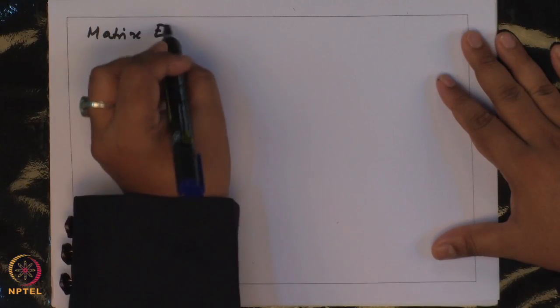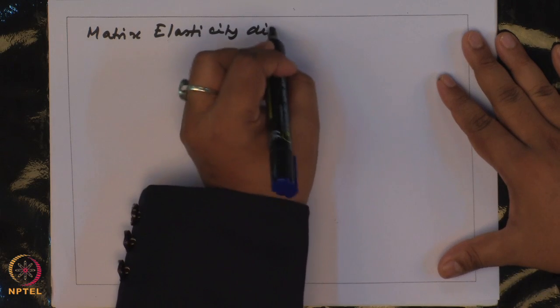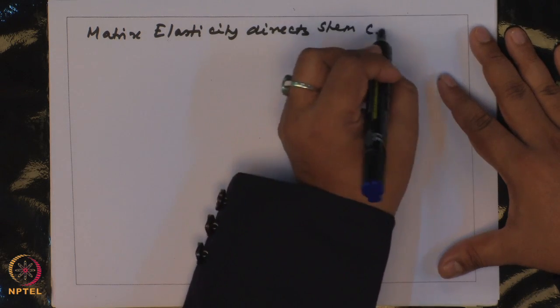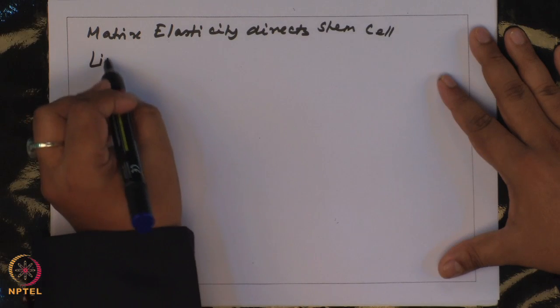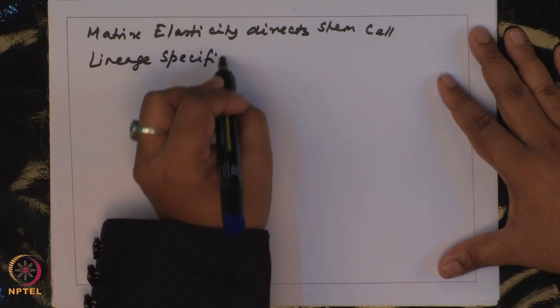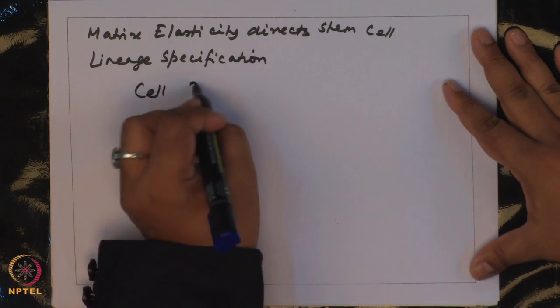So, today I will start discussing this paper, "Matrix elasticity directs stem cell lineage specification", Cell 2006.